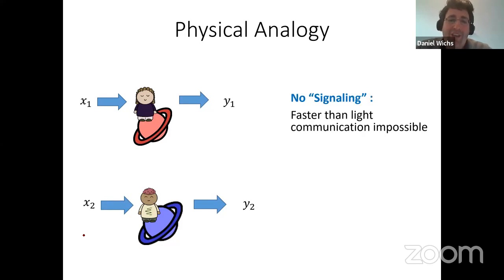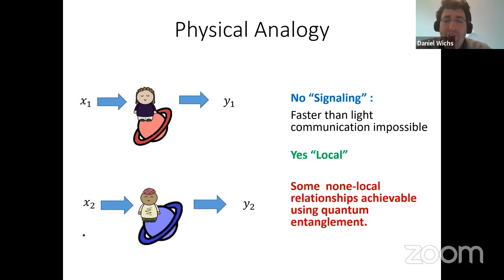Because they cannot communicate, this relationship cannot be signaling. So Y2 cannot depend on X1 and Y1 cannot depend on X2. On the other hand, it's easy to do local relationships: Y1 can be any function of X1, and Y2 any function of X2. But can you do something in between, non-local but non-signaling relationships?